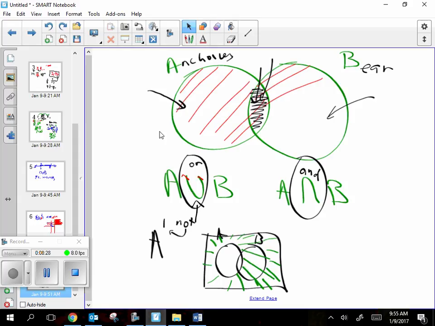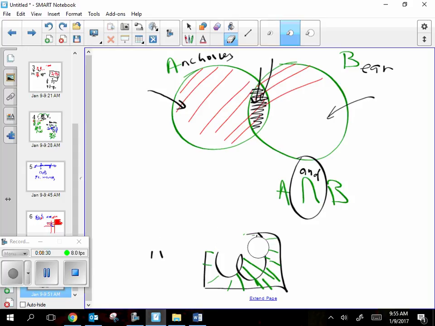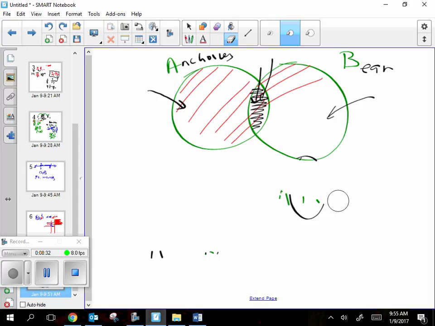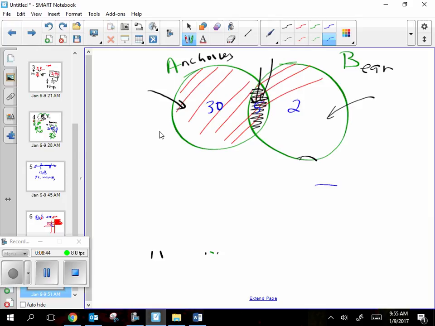So if this was a probability question, it would look something like this. Let's say this has 30 people in it. This has 5 people in it. This has 2 people in it, and there's some out here that don't like either one. Probably a fair number of people in the real world. Let's make it 43.